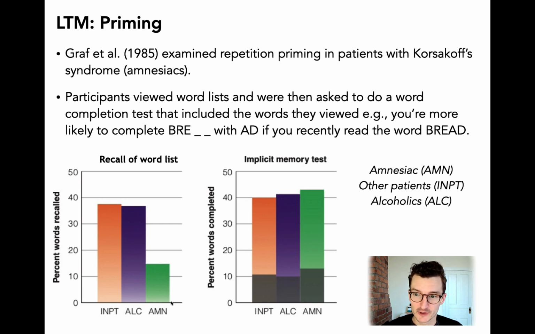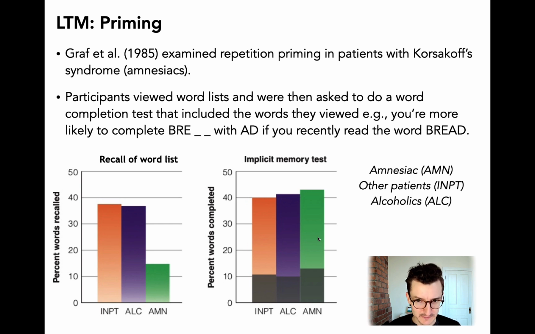But these same words that they couldn't recall still primed them. So there was still this impact on priming from this material that they had experienced before. So it's a really cool and counterintuitive finding in a way.